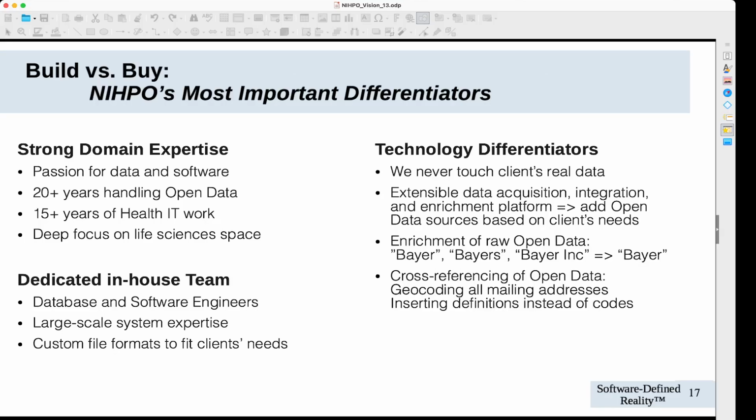We also cross-reference open data. So not only do we take mailing addresses, for example, we can geocode them. We can insert definitions of the fields instead of just codes. And finally, we use open data to build a unified view across agencies, across countries, and across industries, all in one place.